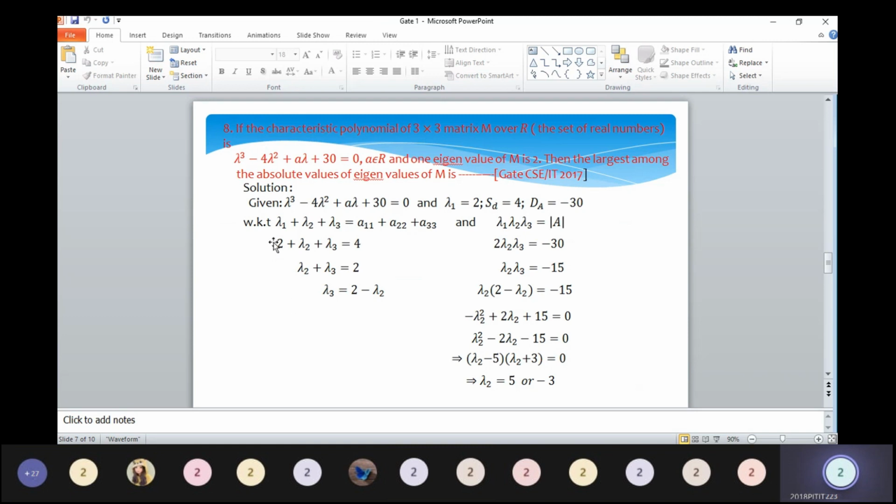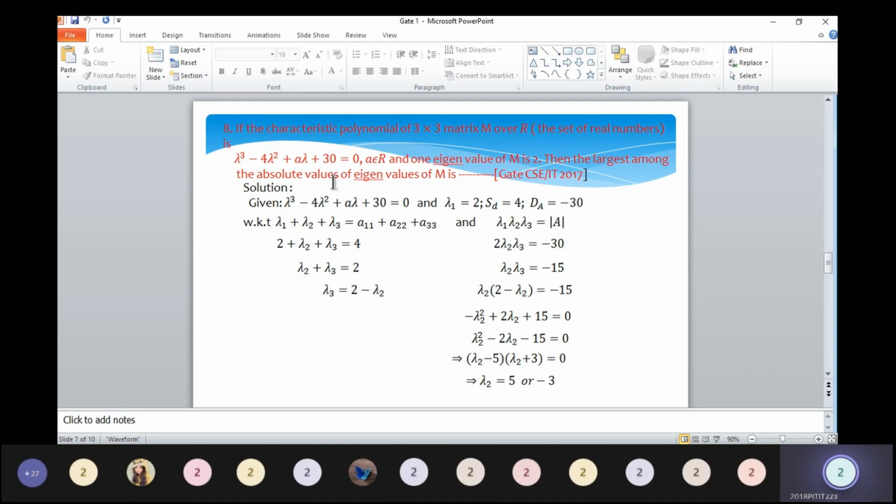Solution. What is the given data? The given data is the characteristic equation. Then one of the eigenvalues is also given, that is lambda 1 equal to 2. As it's a 3 by 3 matrix, it will have 3 eigenvalues. If they are repeated or non-repeated, no problem.